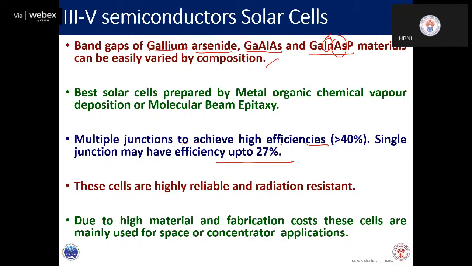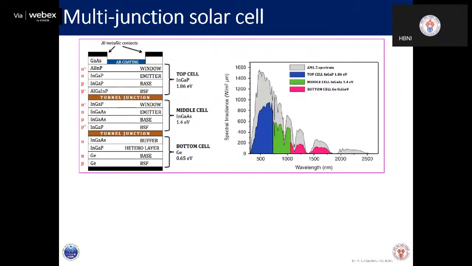These cells are highly reliable and radiation resistant. Due to high material and fabrication costs, these cells are mainly used for space or concentrator applications. They are not available for domestic use because they are very expensive, and they are fabricated by a very involved procedure.